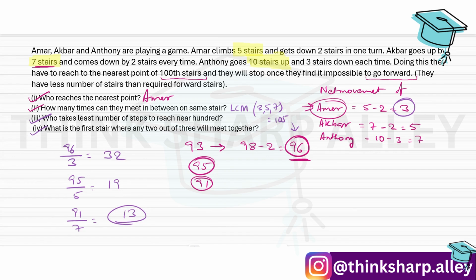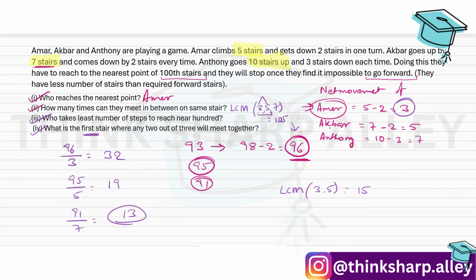Now the last question: what is the first stair where any two of the three will meet together? We have to take the LCM of two numbers at a time. The LCM of 3 and 5 is 15. These are the two smallest numbers, and we have chosen them because we have to find the first stair, meaning the least number should be assigned to the stair where any two of them can meet.